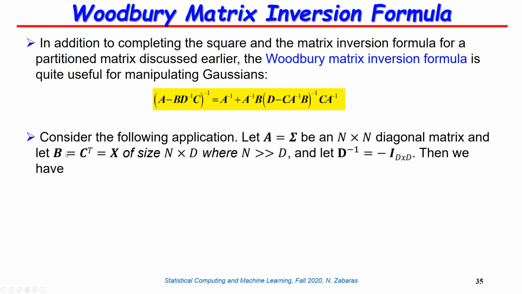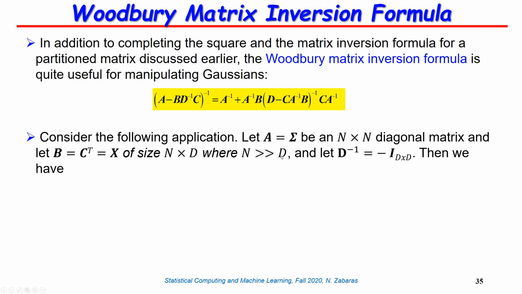Okay, so B is equal to C transpose, and they're of size n by d, where the assumption here is that n is much bigger than d.